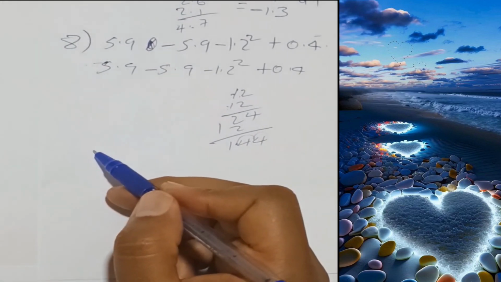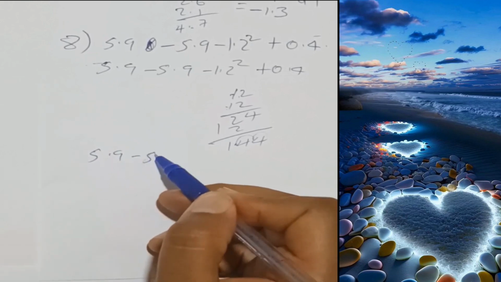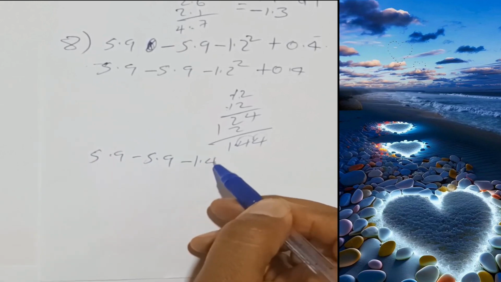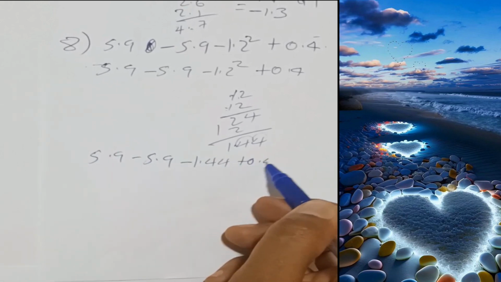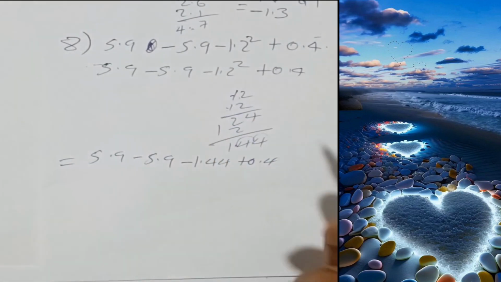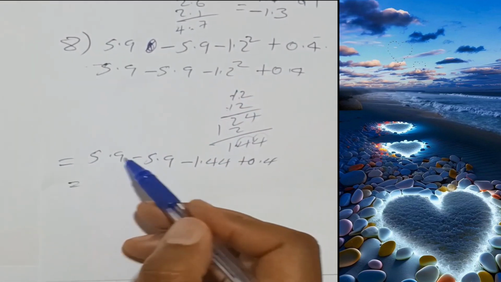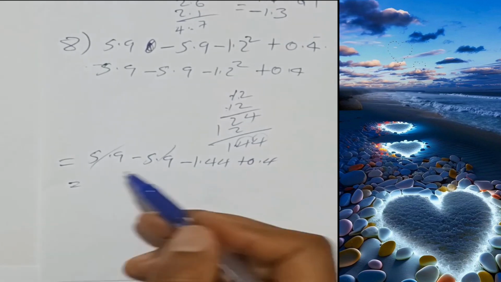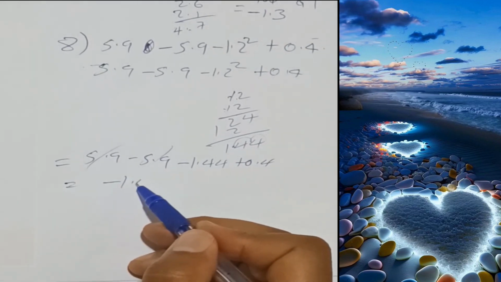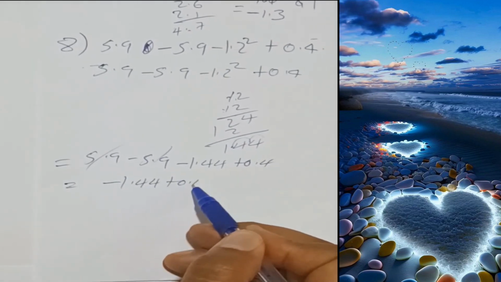So which is equal to 5.9 minus 5.9 minus 1.44 plus 0.4. So this one cancels this one, so this will be 0 minus 1.44 plus 0.4.